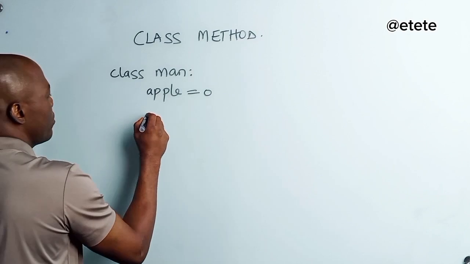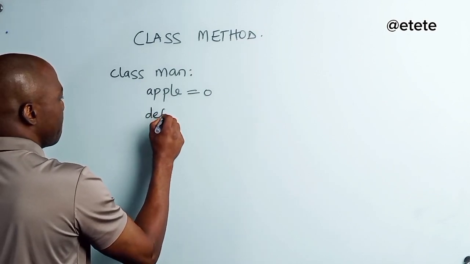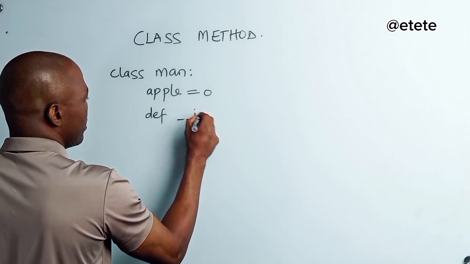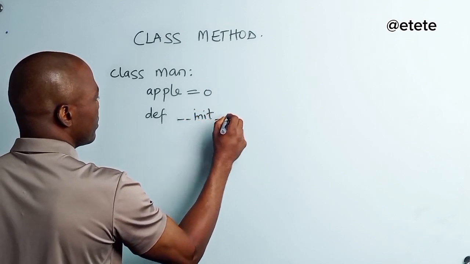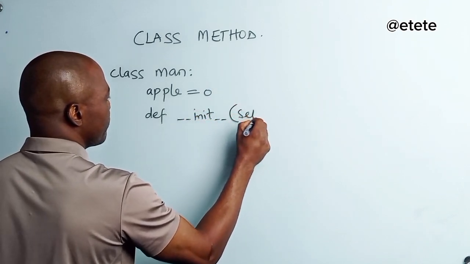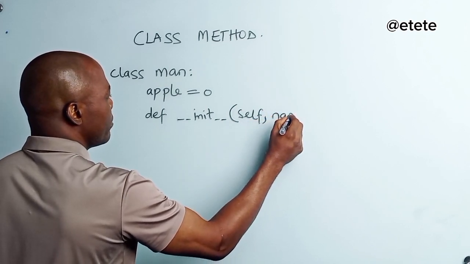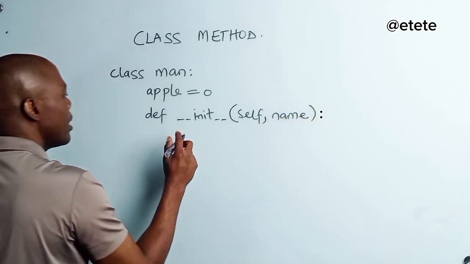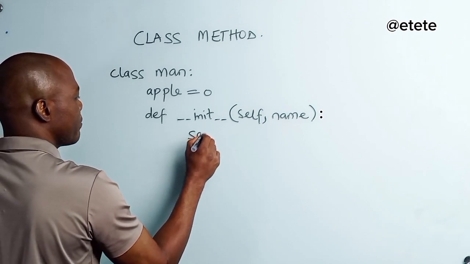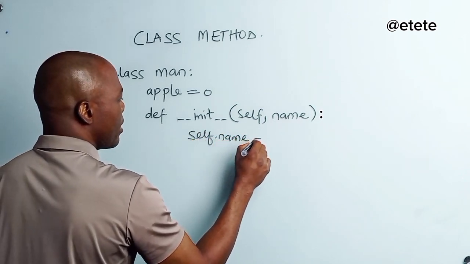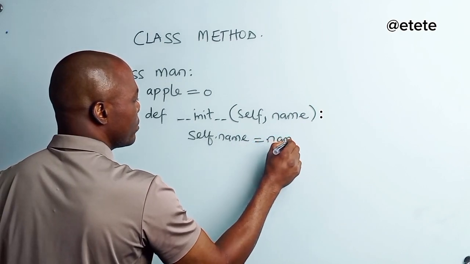And then we'll say def __init__, self, and then we'll give it another variable, name. Then we'll say self.name, and we assign the name to it.